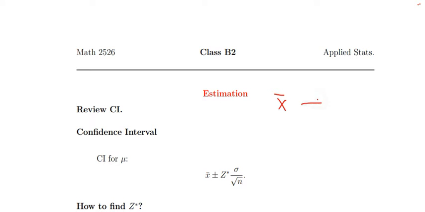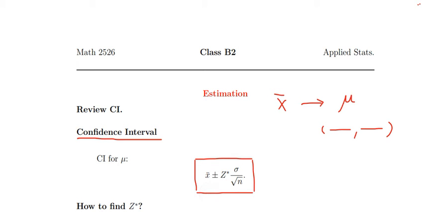We believe the population's mean is in such an interval, so we call this a confidence interval. The formula is: the confidence interval for mu is x bar plus or minus z star times sigma over root n.